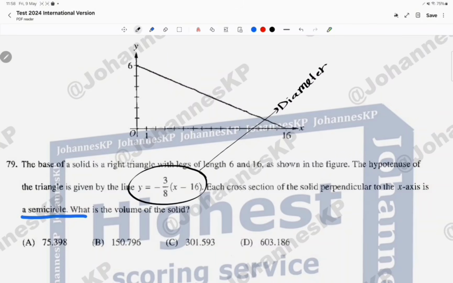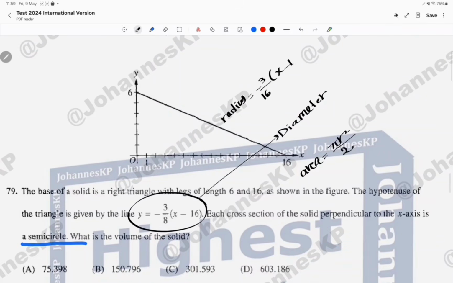And you're going to find the area of a semicircle, which is pi r squared over 2. Well, that's the diameter. So what's our radius? Half the diameter, right? So divide that by 2. You get negative 3 over 16 x minus 16.